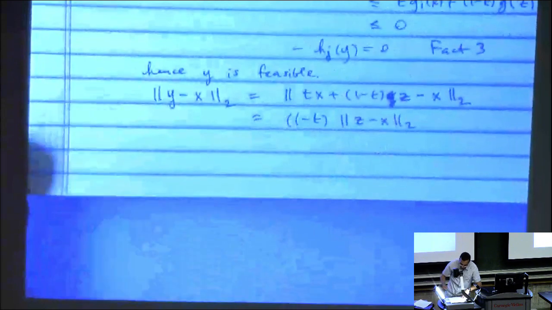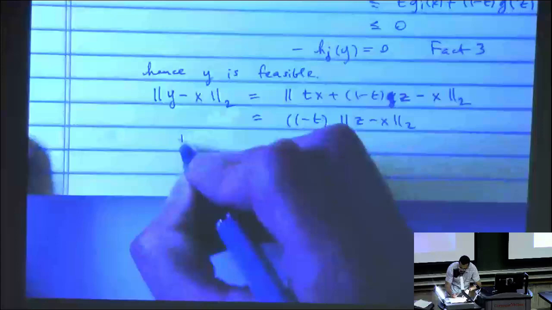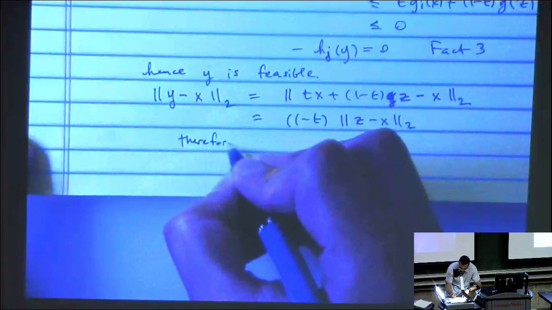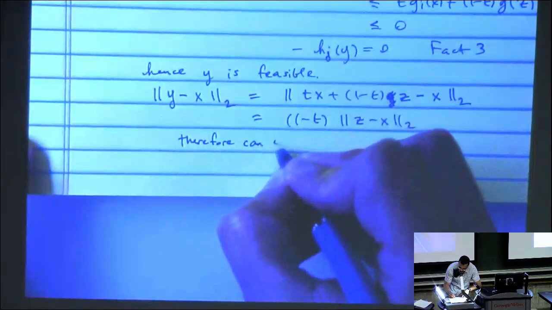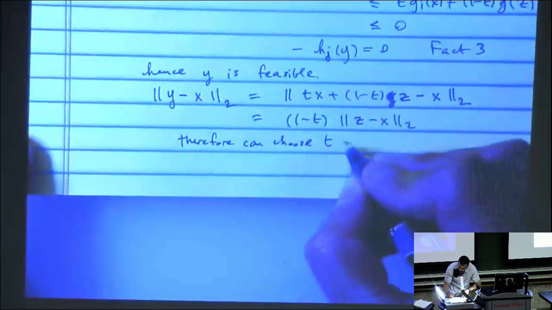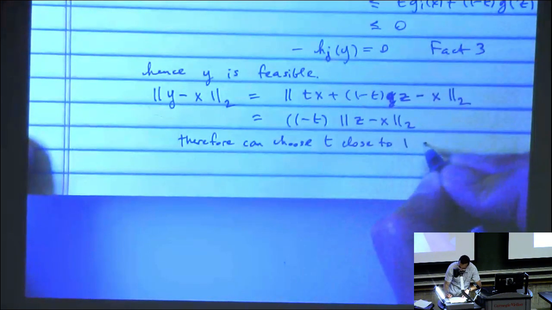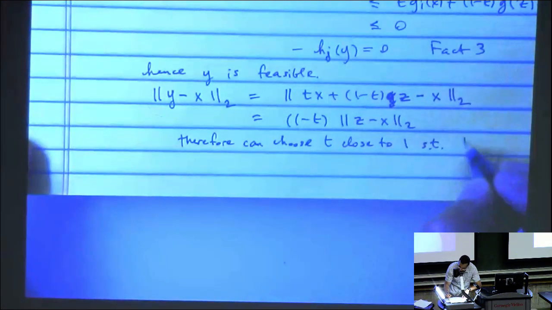And therefore, I can choose t close to 1 to make the norm of y minus x less than or equal to rho.